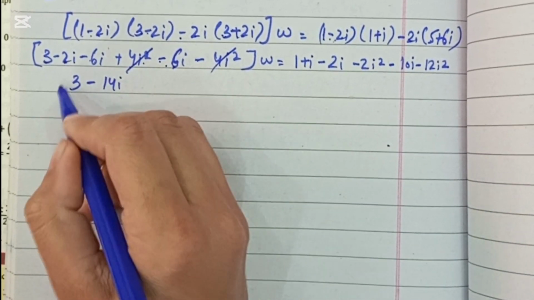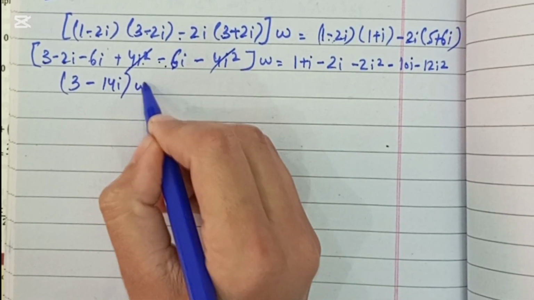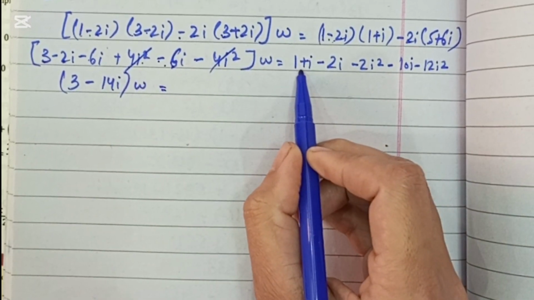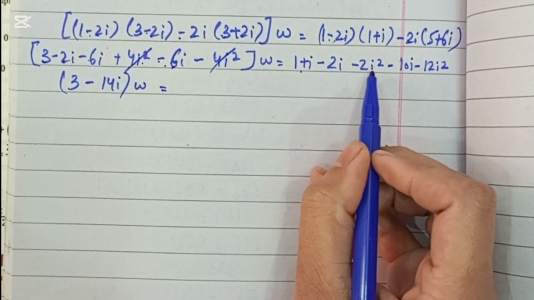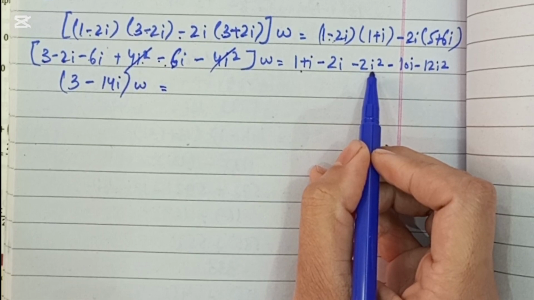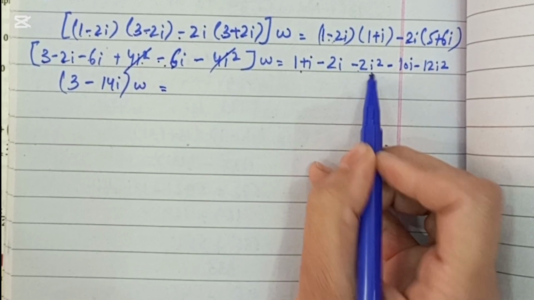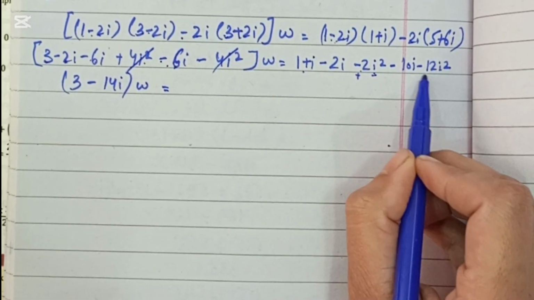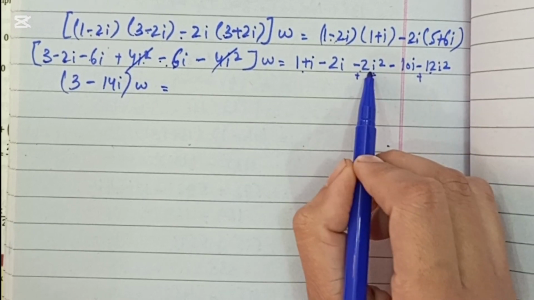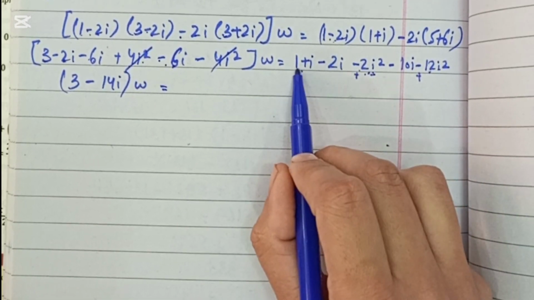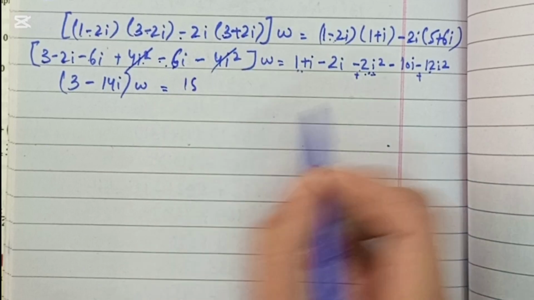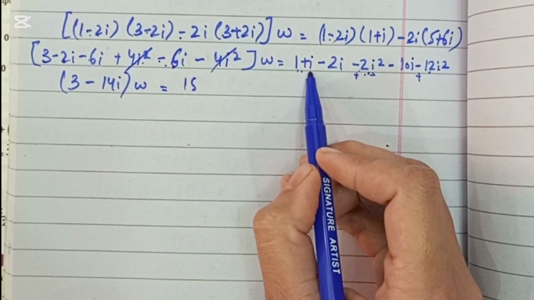This is minus 14 iota, and for w here 1 is 1, and this is 2 iota square, and iota square will make it positive. 12 plus 2 is 14, 14 plus 1 is 15. This is the iota term.